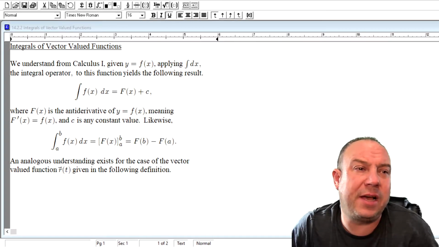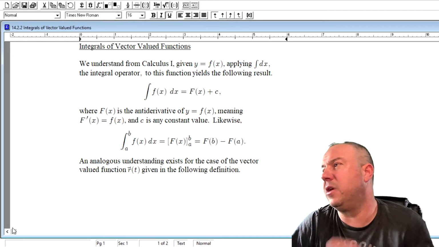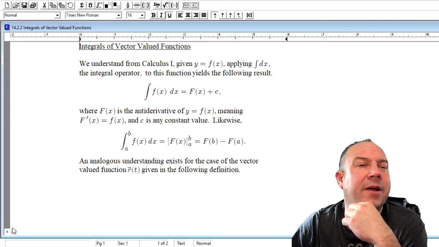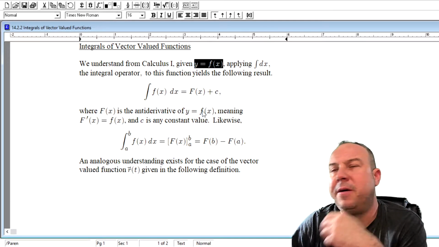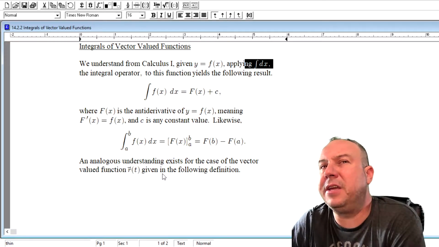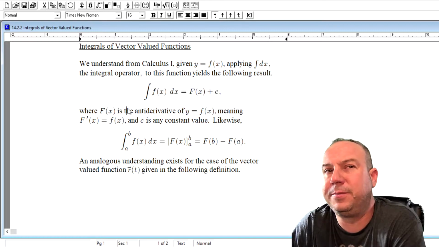Here's our notes, as always, and you can see what I start with is recalling a little bit of our past knowledge from Calc 1. We understand from Calc 1 that if we are given some function y equals f of x, applying the integral operator to this function yields the following result.